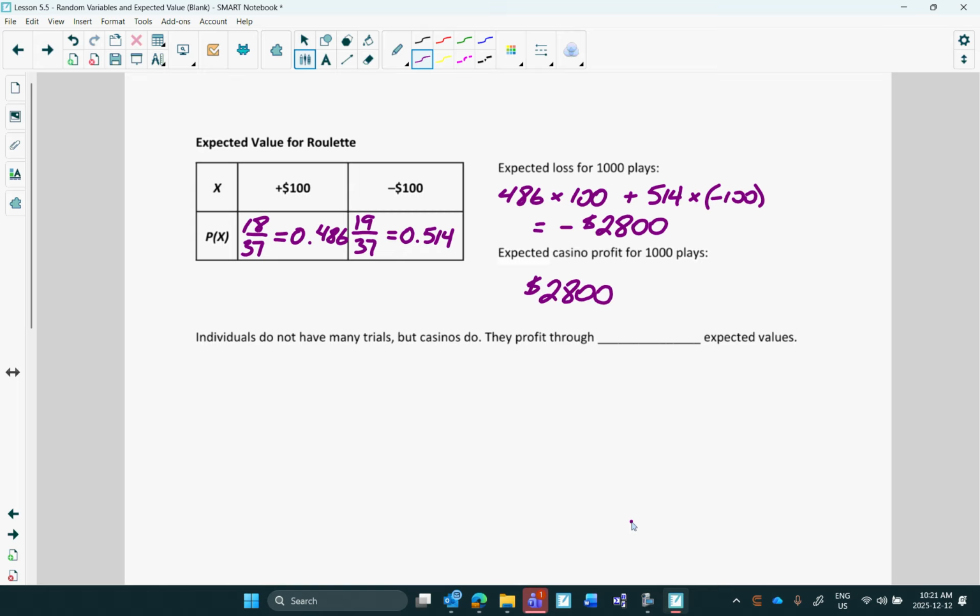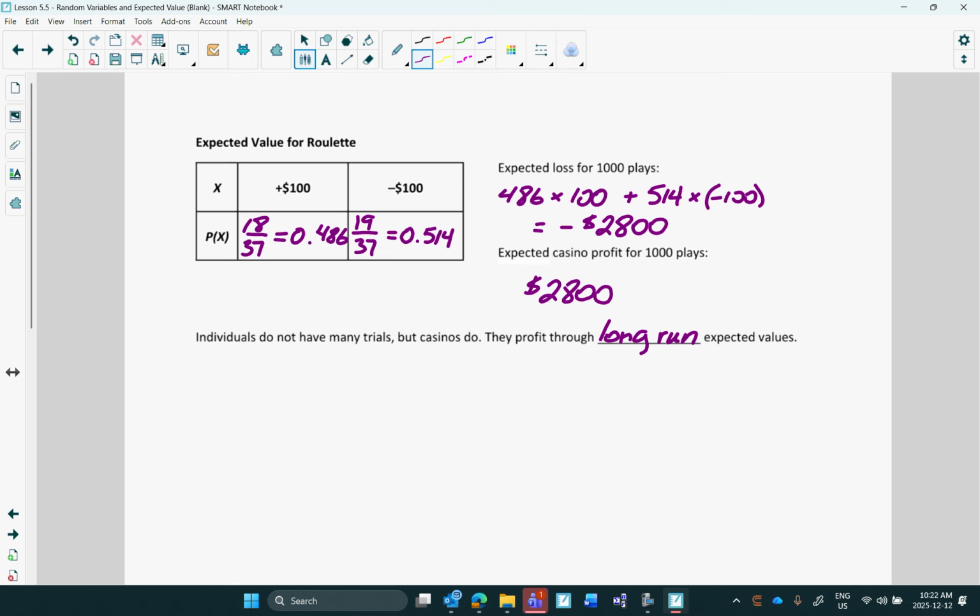So casinos bank on many, many trials, and people play a lot. Okay? So they profit through long-run expected values, not short-run. Because if you just went and played once, you win 100 or you lose 100.